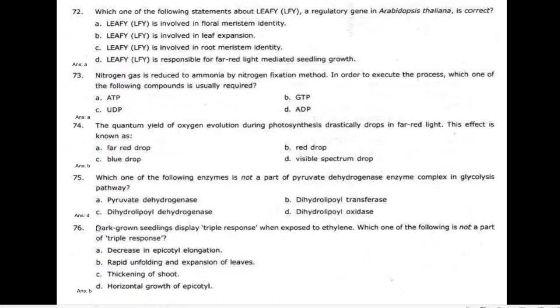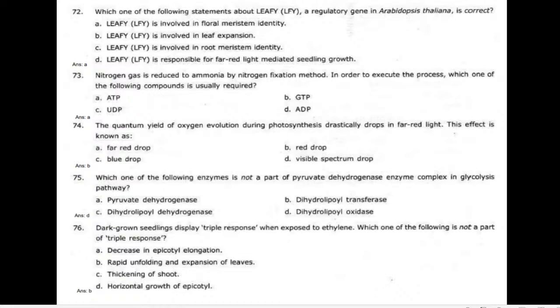The next question: a dark grown seedling displays the triple response when exposed to ethylene. Here the statement is about dark grown seedlings treated with ethylene, and which one of the following is not part of the triple response? Whenever you see the question itself, you can get the answer.